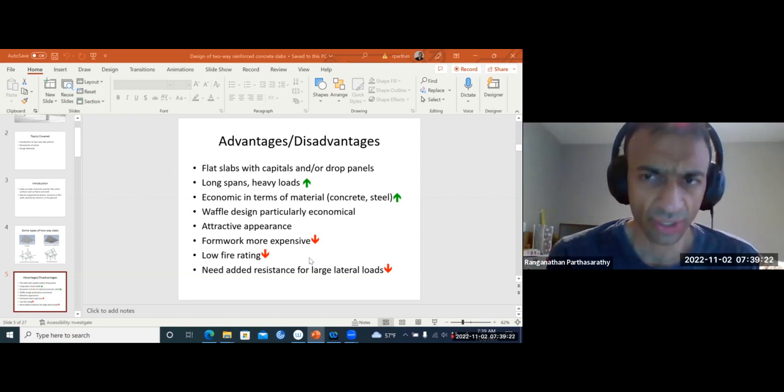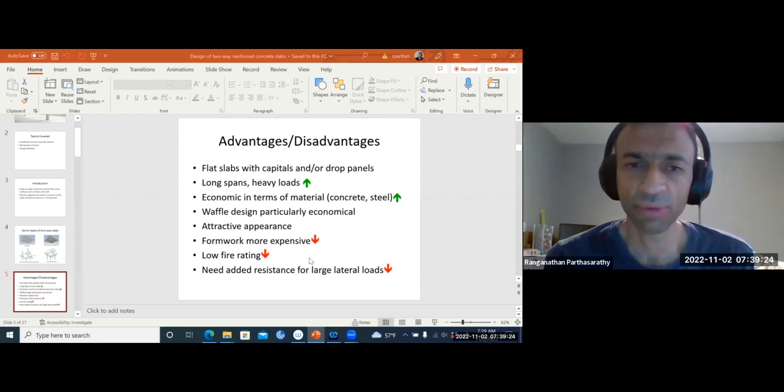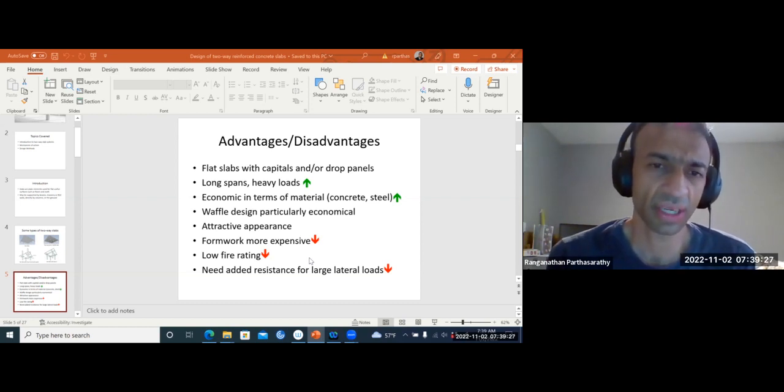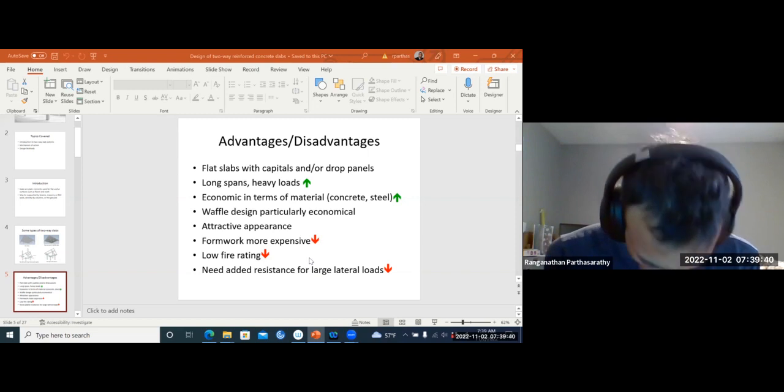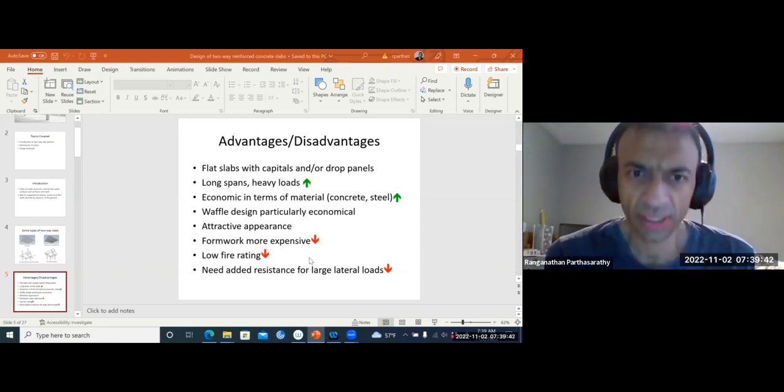You are utilizing the maximum bending in both the directions simultaneously, so both directions reinforce each other. So it is economic in terms of both the amount of concrete and the amount of steel required. Particularly the waffle slab design is more economical. It is stiffer and stronger while also using less material, and it has an attractive appearance as well.